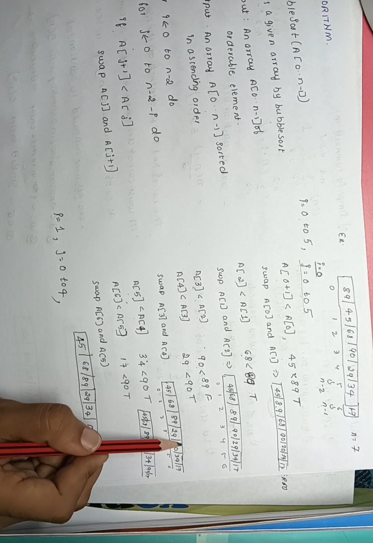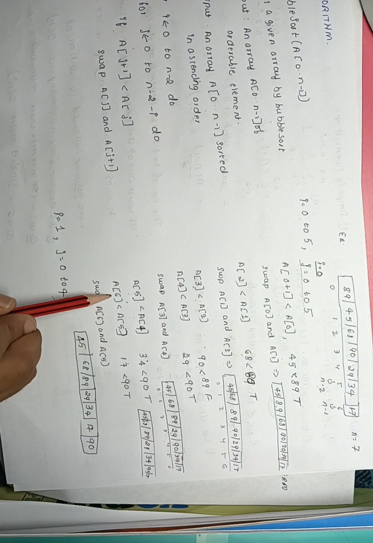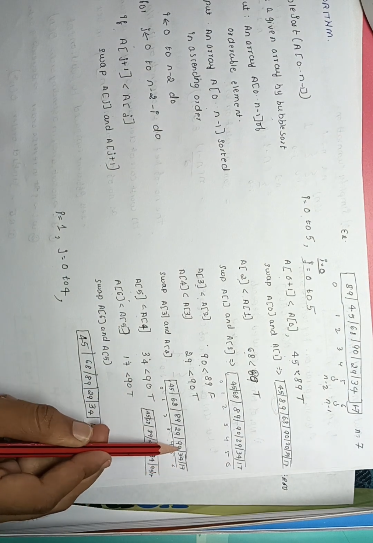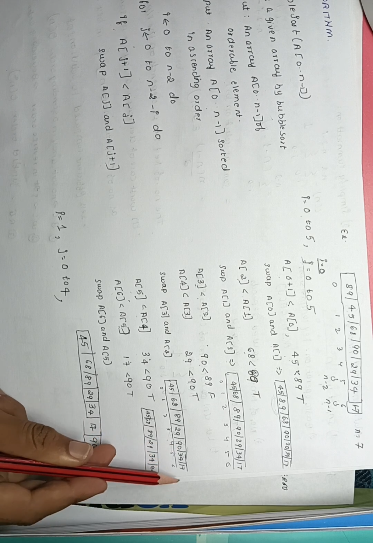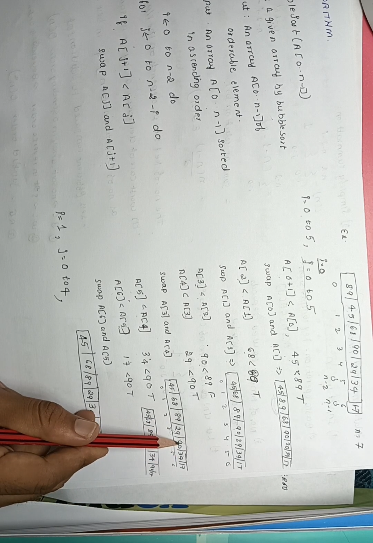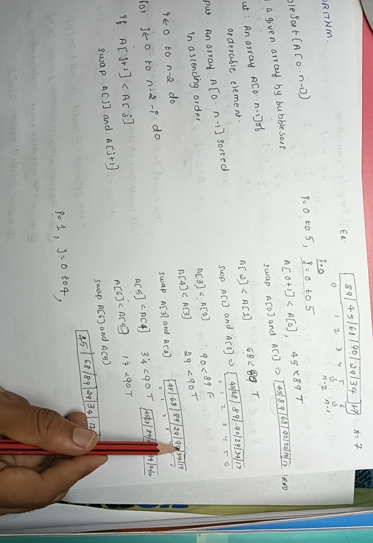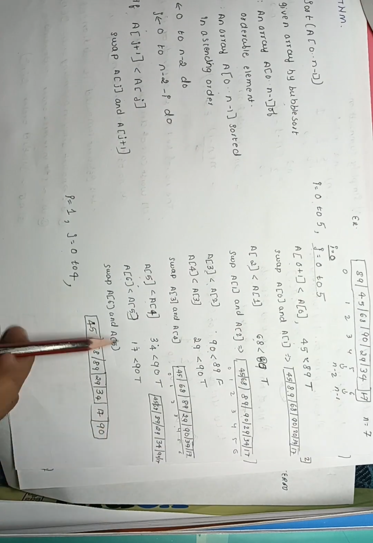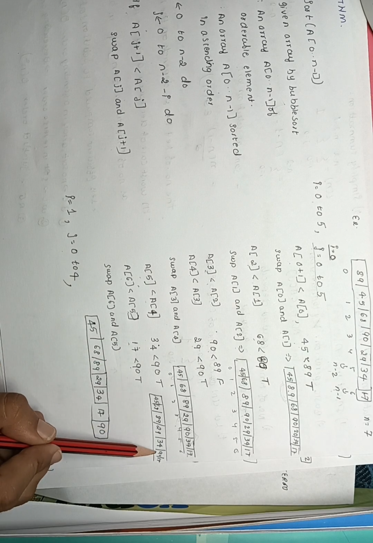Again swap 34 and 90, then A[6] is less than A[5], that is 17, whether it is less than 34. Okay, here 34 is less than 90, then swap the elements. 90 goes here, 34 comes here, again swap the elements. 17 is less than 90, yes.